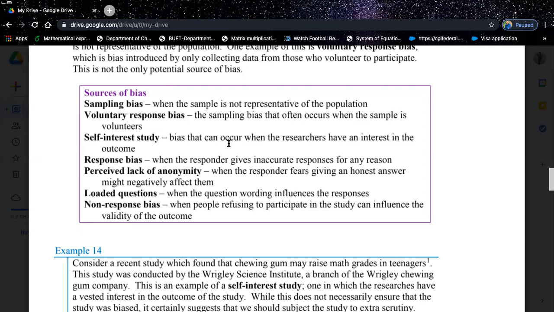Can you imagine a sample which could be doing otherwise, which might not be representative of the population? Can you imagine any example of it? Let me give you a hint. When we used that example of doing the survey on the Laramie residents for the next election, we discussed one example like this.